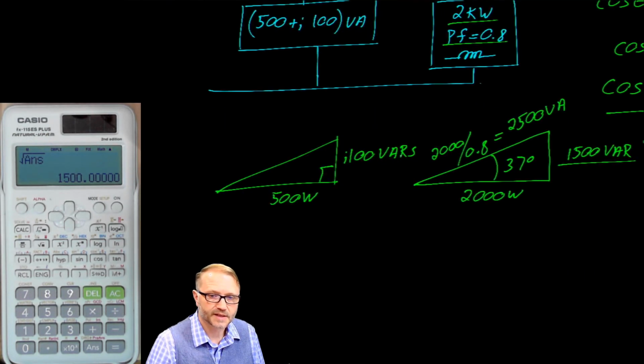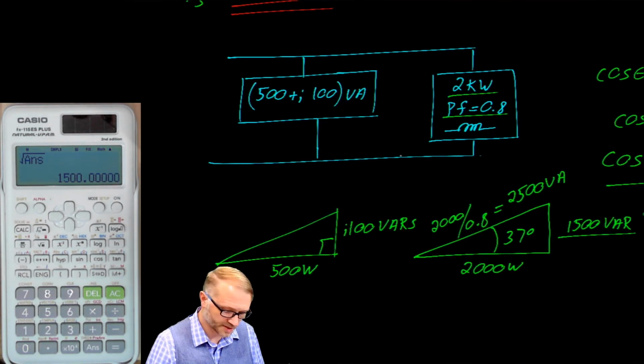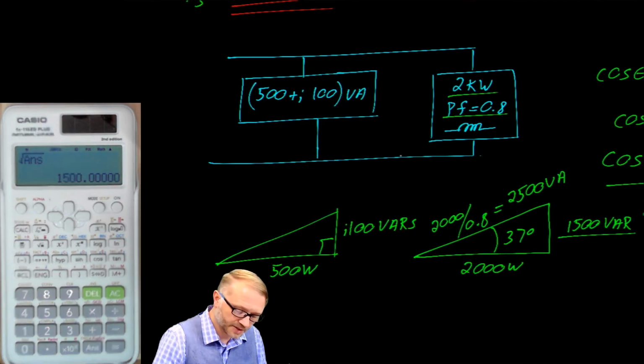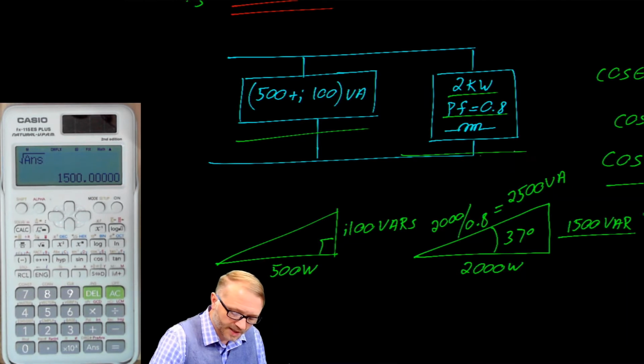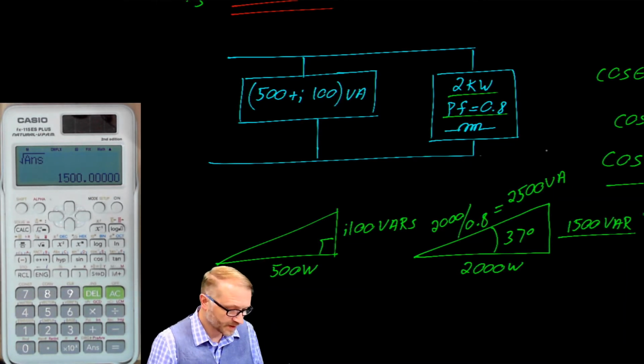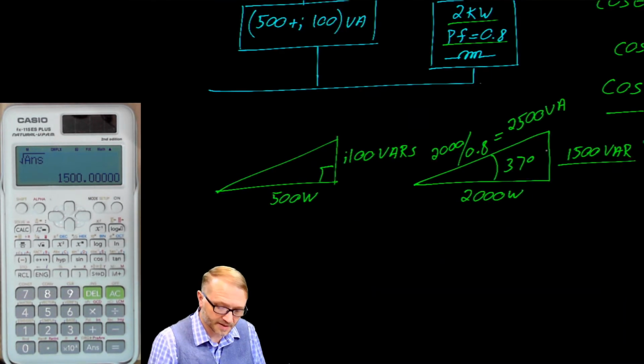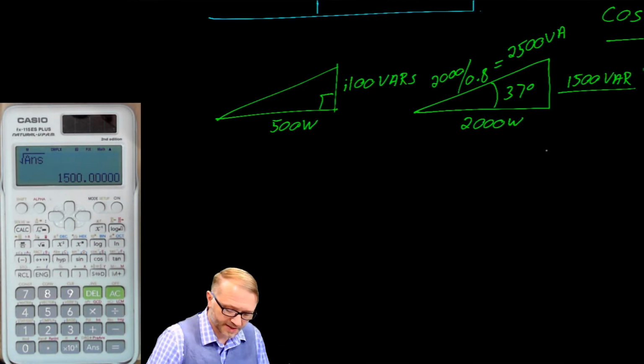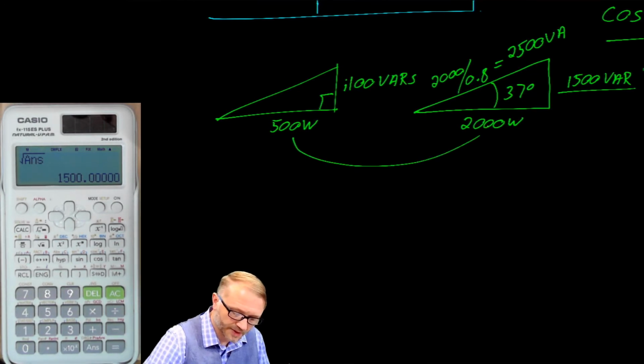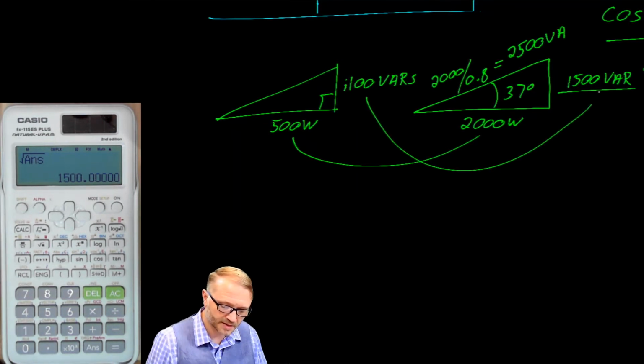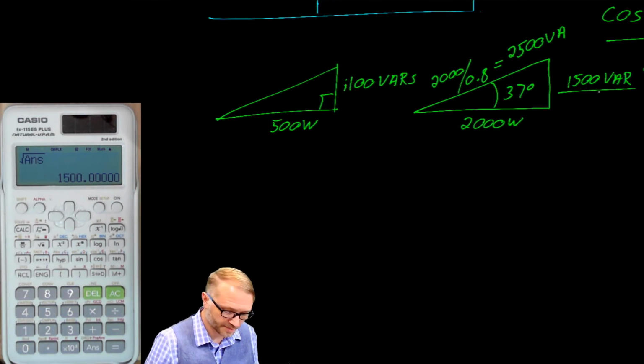Now that that's done, we can go back to our original question, and that is, how do you calculate the total power of this circuit? We said power is additive, but what we also need to recognize is that we can add the real pieces together, and we can add the imaginary pieces together with no problems at all.